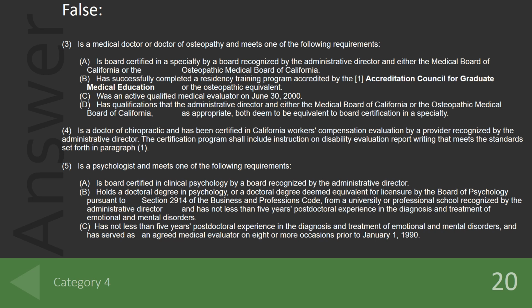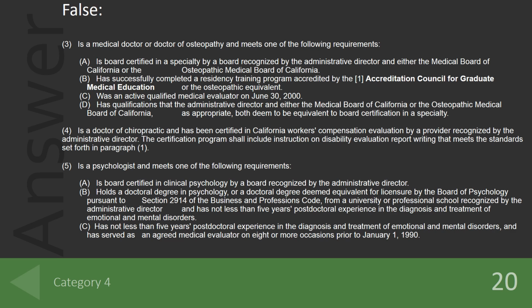Number two, the MD and DO has to successfully complete a residency training program accredited by the Council for Graduate Medical Education, or the equivalent accrediting body within the Osteopathic Medical Board of California.